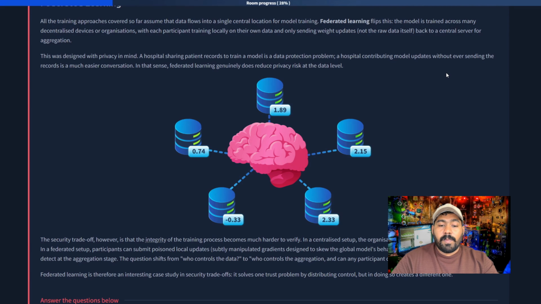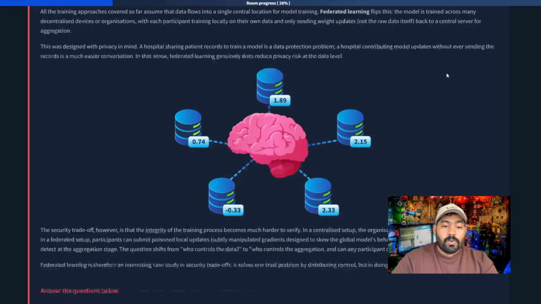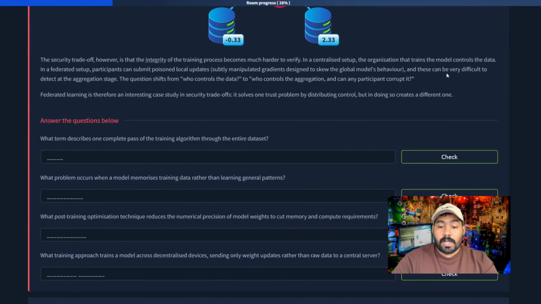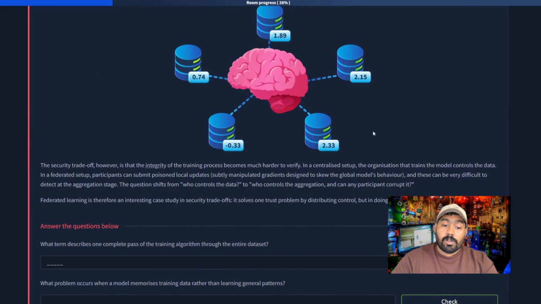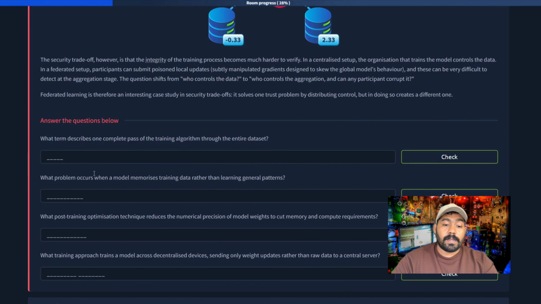And these can be very difficult to detect at the aggregation stage. Here it is summarized perfectly. The question shifts from who controls the data to who controls the aggregation, and can any participant corrupt it? So that's your attack surface for federated learning.